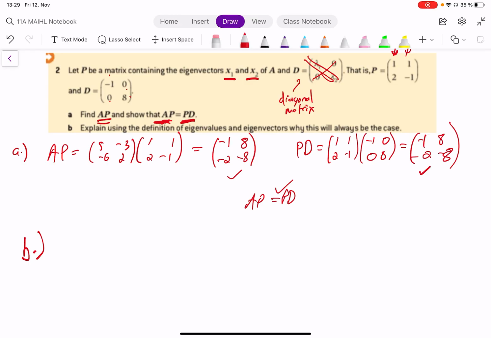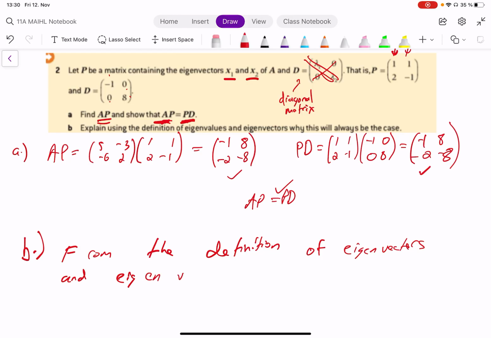And so the reason is that, from the definition of eigenvectors and eigenvalues, we have this equation that is true.